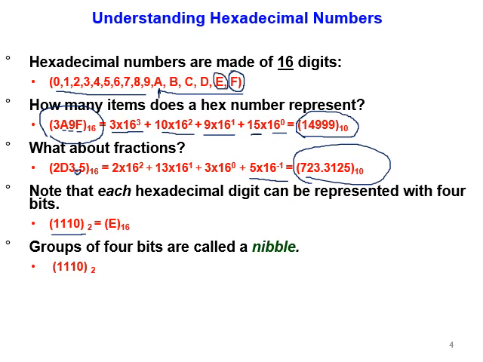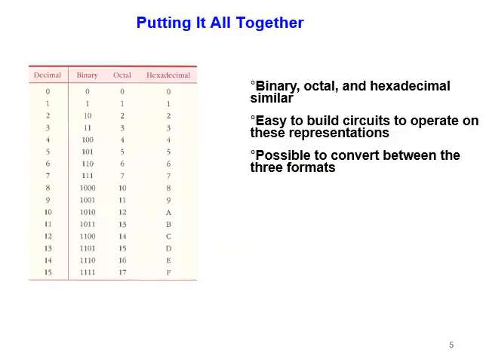I can write it 1, 1, 1, 0. You see here, this one represents 2. This one represents 4. This one represents 8. 8 plus 4 plus 2 gives me 14, which is E. You got it? Okay. Now this is conversion from binary, as you can see here, into hexadecimal. And don't forget that 4 bits together, we call them a nibble, okay?